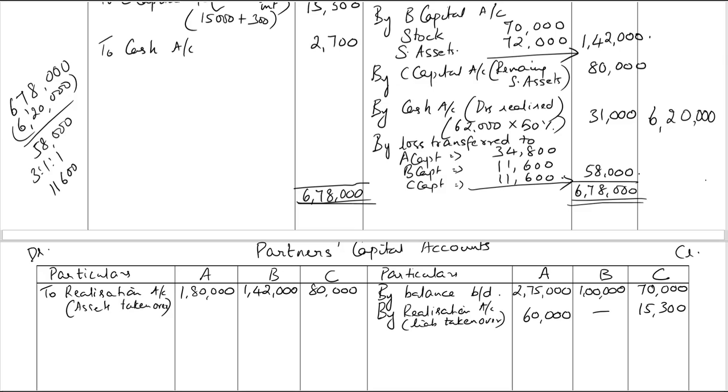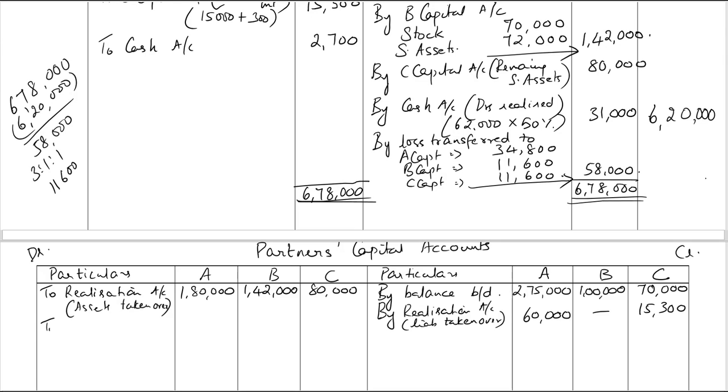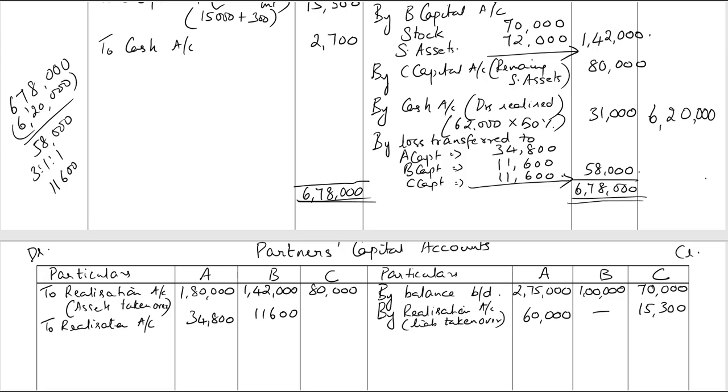Next, let's transfer the loss on realization to realization account. It's 34,800 in the case of partner A, 11,600 in the case of partner B, and 11,600 in the case of partner C.